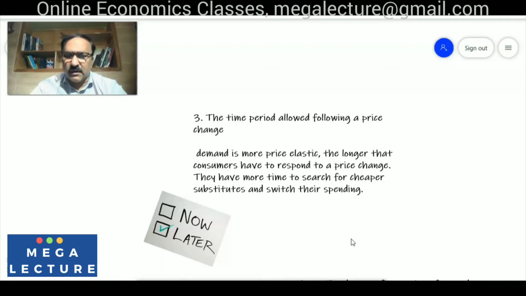If demand for a product can be postponed, then demand for that particular good may become elastic. But if the consumer cannot postpone the purchase of a product, then it means demand is inelastic. In the longer term, the consumer gets more time to search for cheaper substitutes so they can switch spending, so demand becomes elastic.